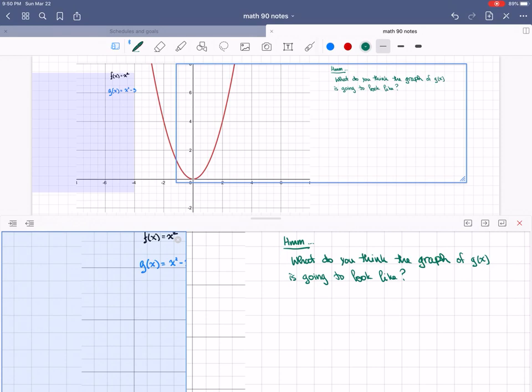And then much the same way, I just want to have it here. I want to be talking about domain and range. So the domain of this function that we're starting with is all reals. The range starts at 0, goes to infinity. And then once we're done over here, we'll also look at the domain and the range of g.